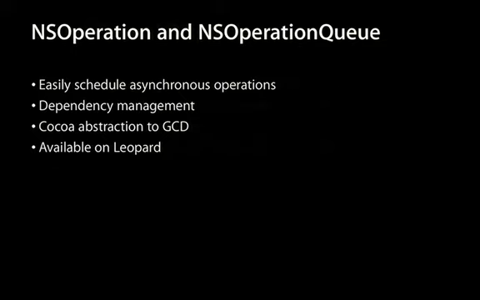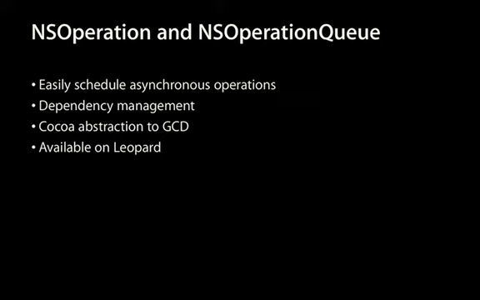Built on top of Grand Central Dispatch in Snow Leopard is NSOperation and NSOperationQueue. Now, NSOperation and NSOperationQueue also predate Grand Central Dispatch and exist on Leopard. These are the Cocoa abstractions to these parallel programming techniques. By programming at this higher level, you can be abstracted from how system changes happen underneath you. Additionally, you can target Leopard, where NSOperation and NSOperationQueue are also fully supported.